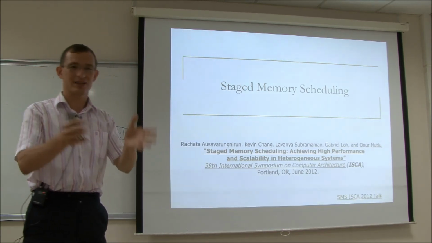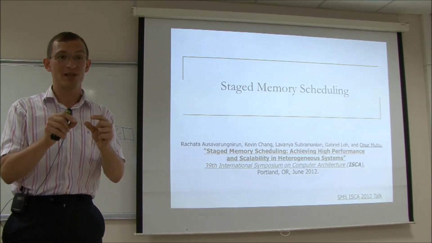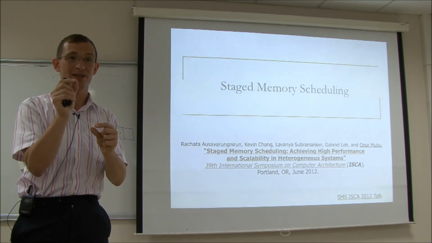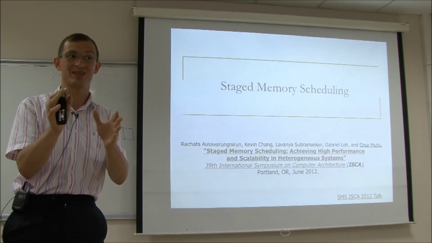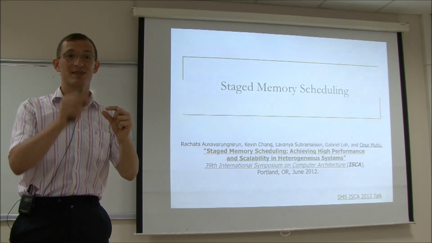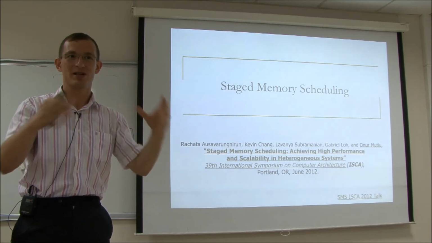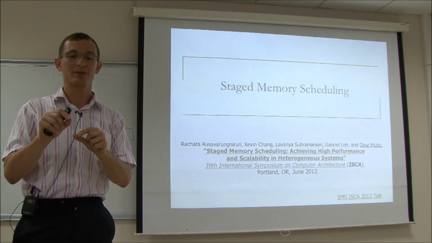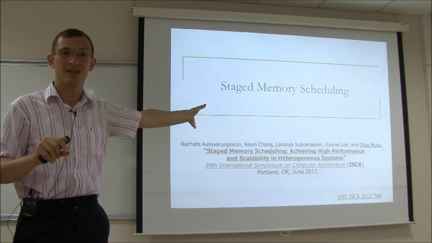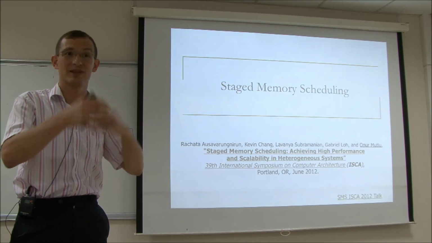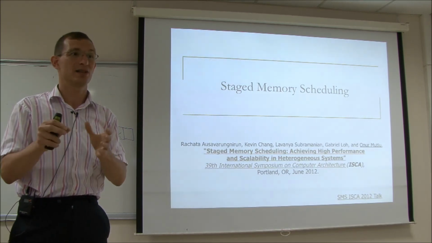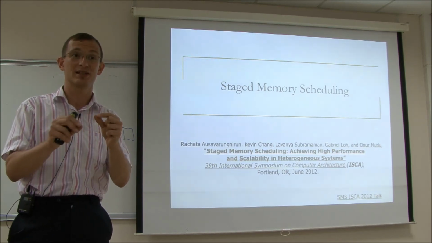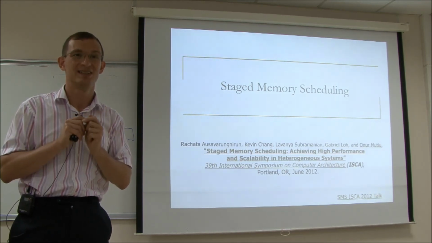TCM is more complex than both ATLAS and PAR-BS. ATLAS is the simplest one because it requires only one counter per thread, and it's very hard to get beyond that, I think. PAR-BS is more complex than ATLAS because it requires more counters. TCM is even more complex. Now, TCM can be made a little less complex if you do not do this niceness-aware shuffling. If you do more randomized shuffling, you reduce the complexity, and I think that gets closer to or less than PAR-BS. But you cannot beat ATLAS. ATLAS will be very hard to beat.